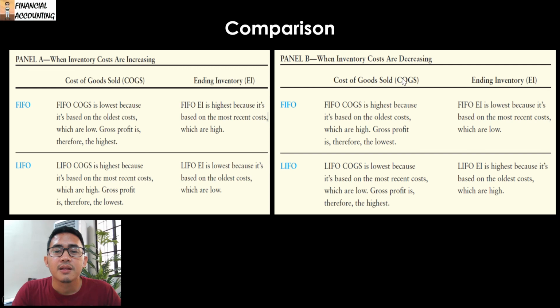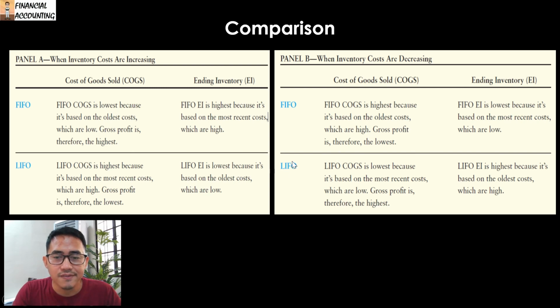And on panel B, if the inventory costs are decreasing, of course the effect is in reverse. If we are using FIFO, our cost of goods sold is at its highest because we are using the early cost, which are high, and our ending inventory is at its lowest because we are using the latest cost, which are low.